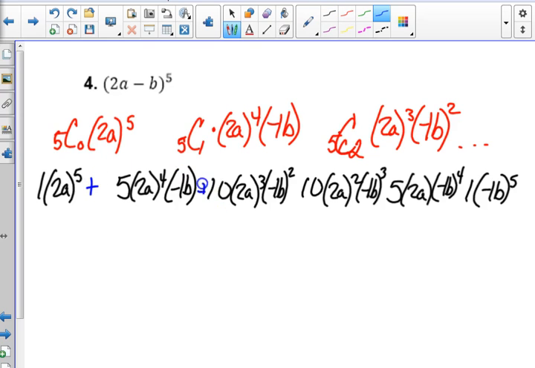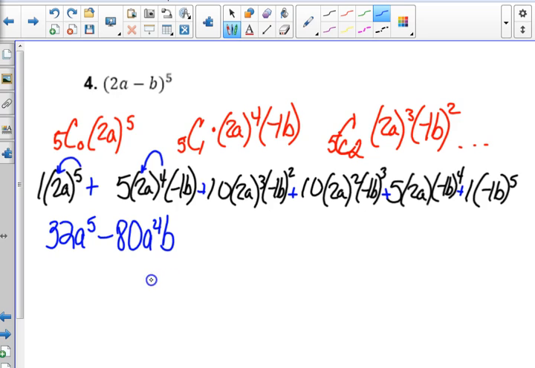Okay, so are these really all going to be pluses when we're all said and done? It's going to go plus, minus, right? Okay. Remember, 2 to the 5th is 32a to the 5th. This is a 2 to the 4th times a 5 times a negative 1. A to the 4th b.